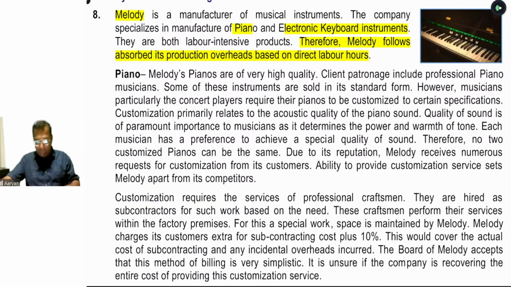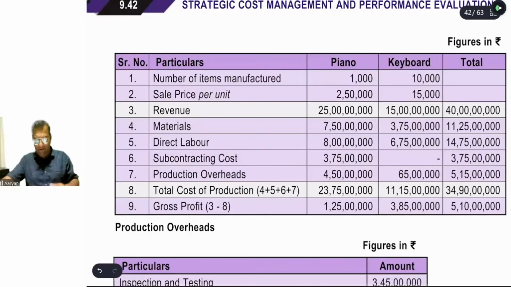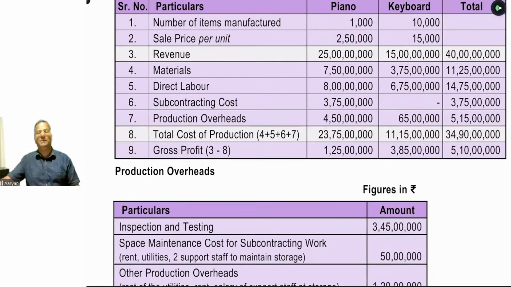So 3 minutes of time are available with you to read out this particular question except the numerical detail. एक बार जल्दी से numerical detail without the calculation आप एक बार कर लीजिए. Then we will start the interpretation of requirement part number 1, 2 and 3.